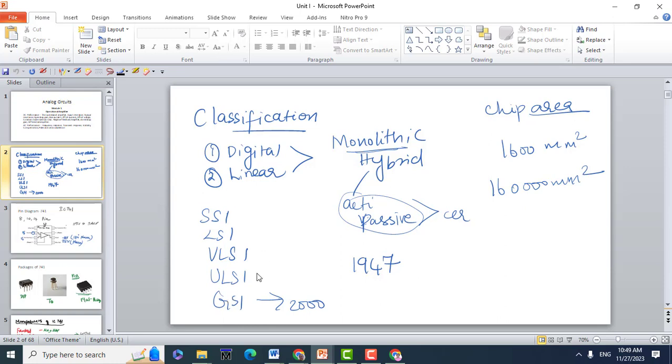This operational amplifier consists of transistors. Not only a single transistor, you will be having many transistors built in a chip. So the chip area will be ranging from 1,600 mm square to 16,000 mm square. So way back from 1947 till 2000, you have different versions of your integrated circuit.